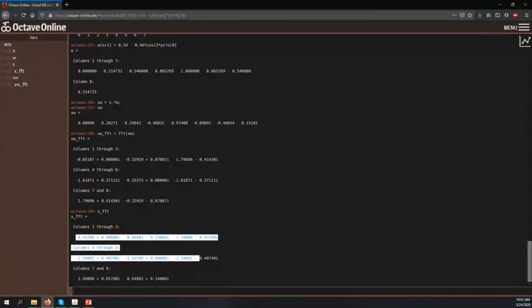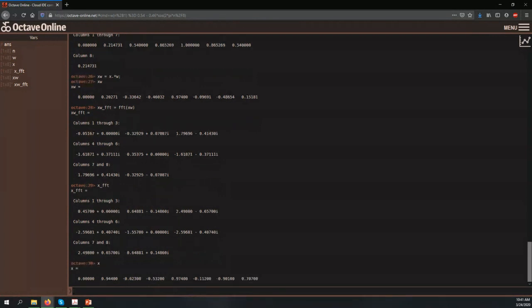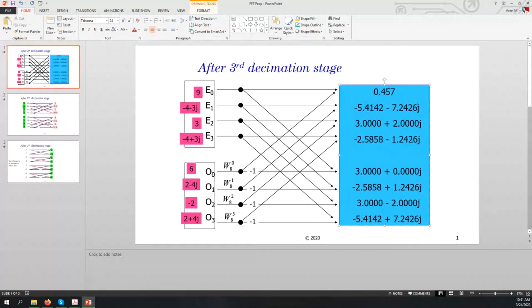I'm setting this up accordingly, and we're going to use this to go in reverse to get back to X. I'm putting X here to show you what the actual signal is. Right, so let's set up our props and start performing the inverse fast Fourier transform.